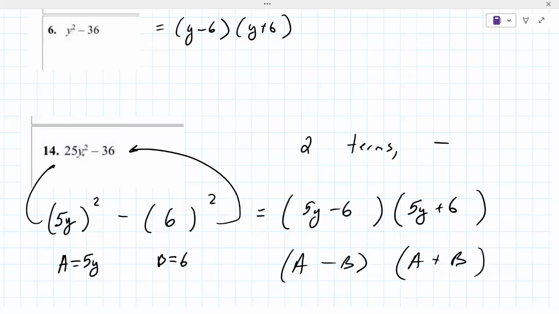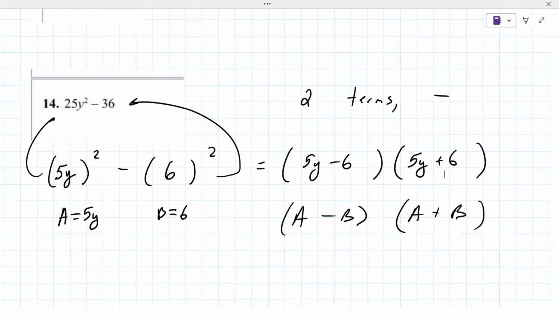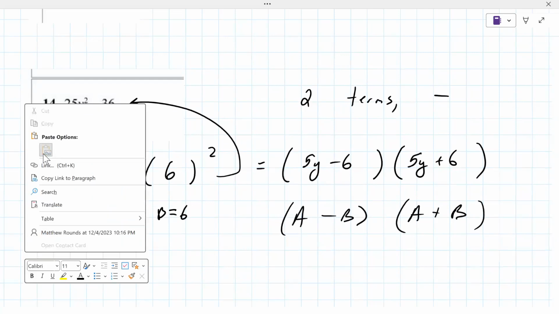Very good. So if you understood that, let's have you try 15 on your own. It's pretty much the same, just different numbers.